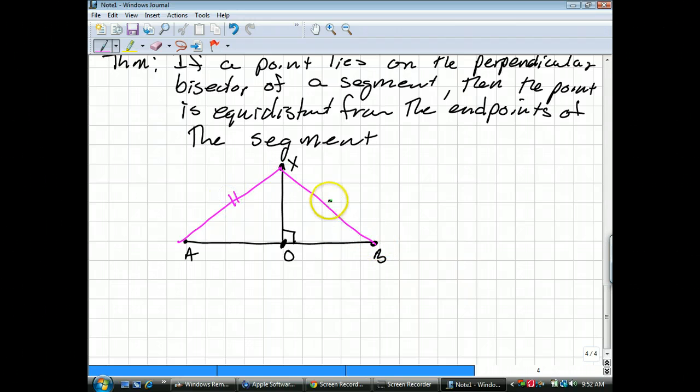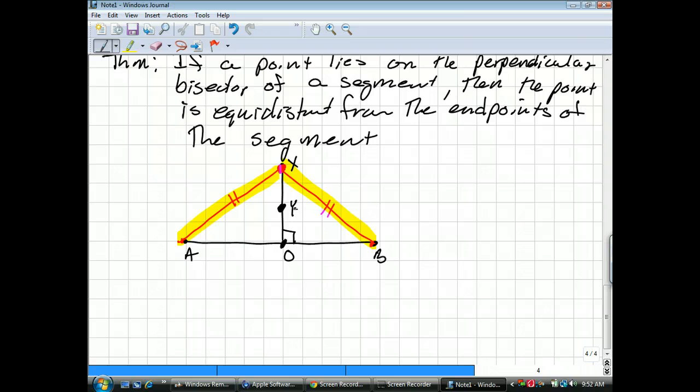In other words, these two distances are the same. So in other words, any point that is on the perpendicular bisector, if you connect that point to the endpoints of the segment, it forms an isosceles triangle, okay? So the key is that this segment is the same length as this segment. Okay, that's what the theorem says. So let's say that I had this point right here, point Y.